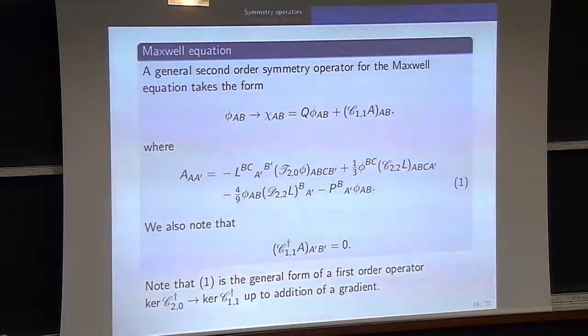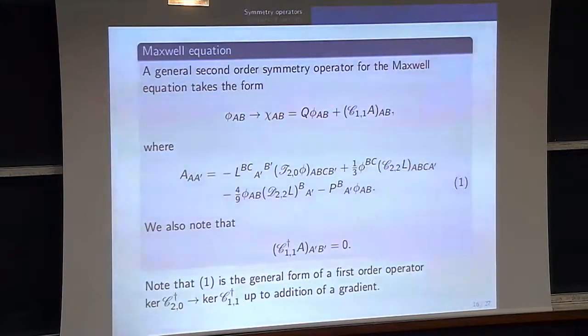And also the Maxwell case is slightly neater than the Dirac Weyl case, for instance. So in this case, the symmetry operator can actually be written in this very nice form, where A here is constructed from the L and the P, and the Q just needed to be a constant.